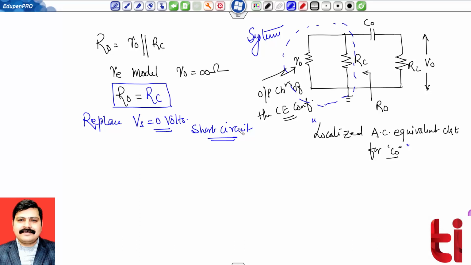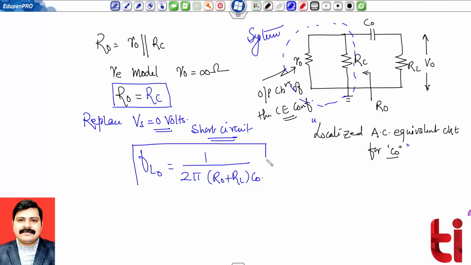So that is my localized circuit, and in this situation the value of lower cutoff frequency f_L naught will be equal to 1 upon 2 pi times R naught plus RL times C naught. This is the cutoff frequency at which the output gain falls from its maximal value to 70.7%.